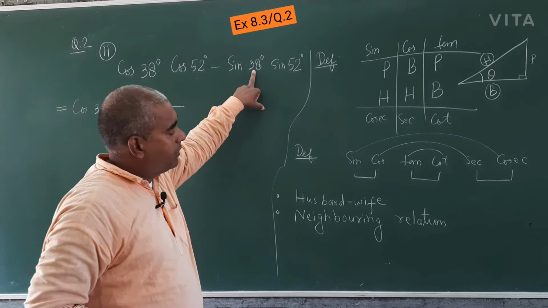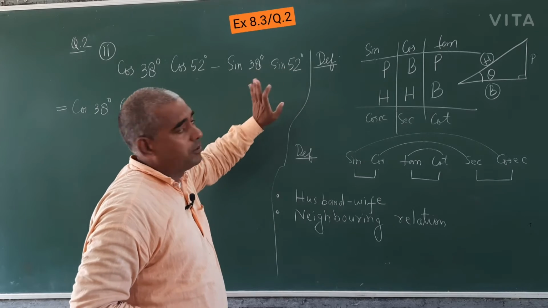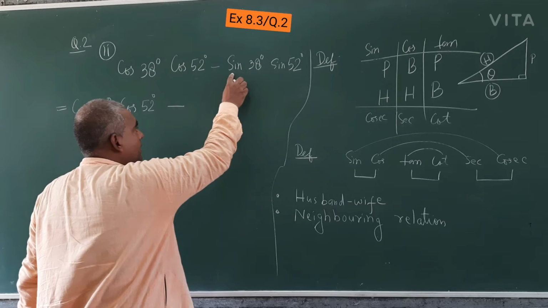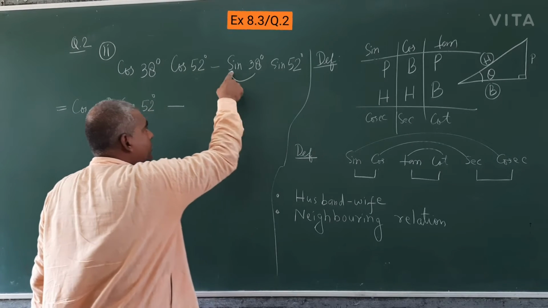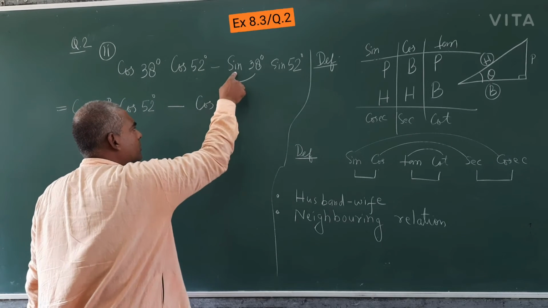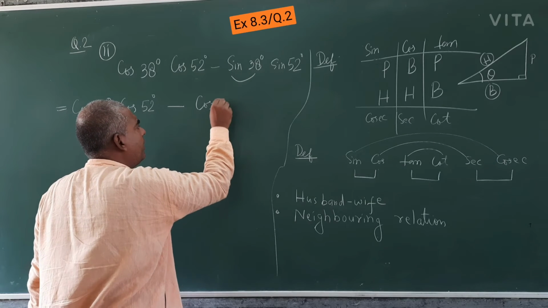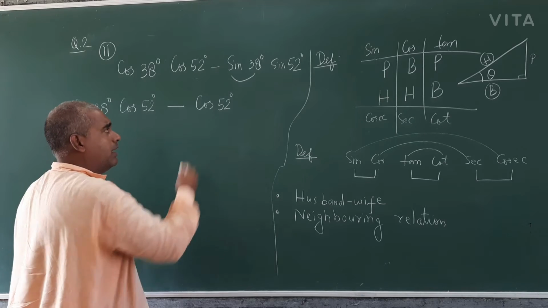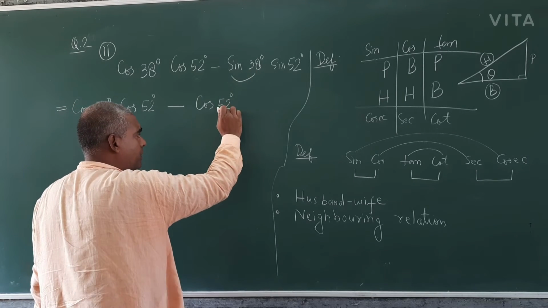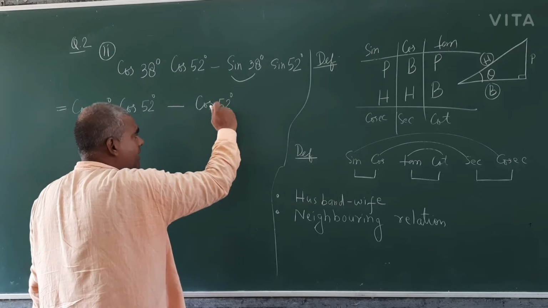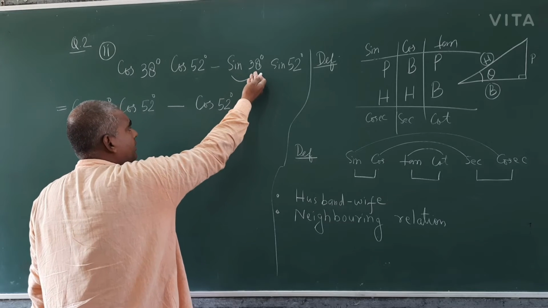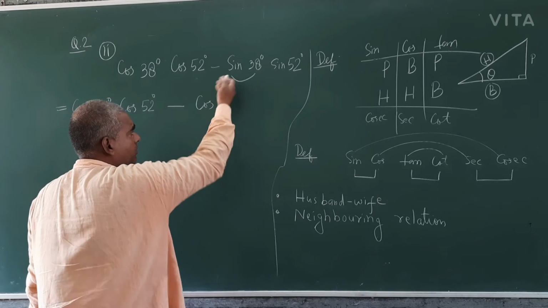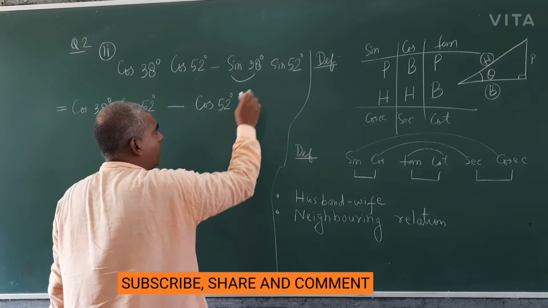The complementary of 38 is 52. So when sine and 38 are complementary, sine will be cos and the complementary of 38 is 52. So directly you can apply the formula, or you may write 90 minus 38, then 52 will come, and then change sine to cos.